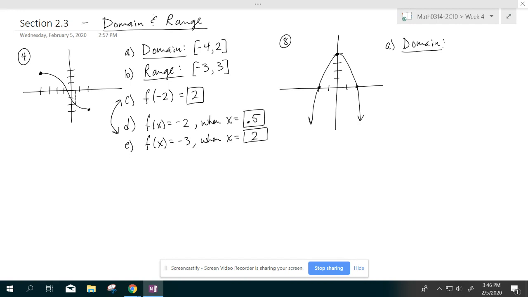Different graph, though. And so now we're going to have to find the domain of a parabola. Oh, it's got arrows this time. That makes a difference. Negative infinity, positive infinity.